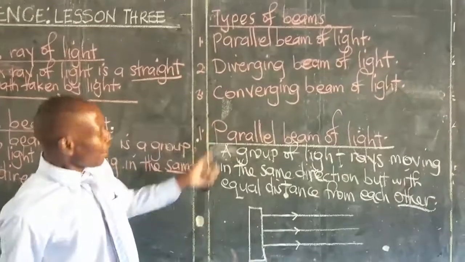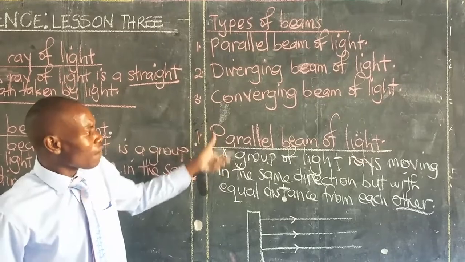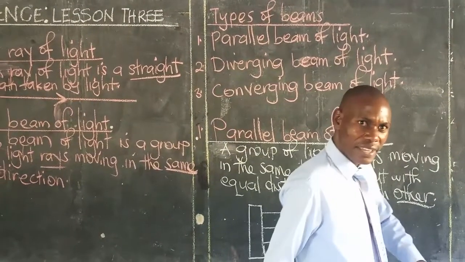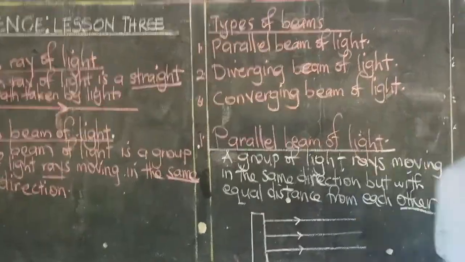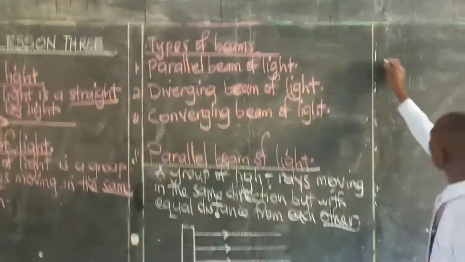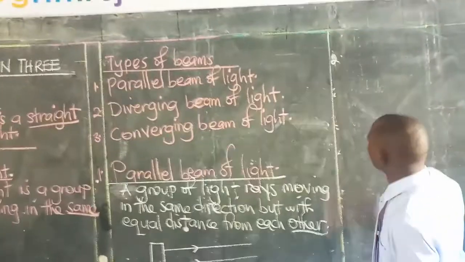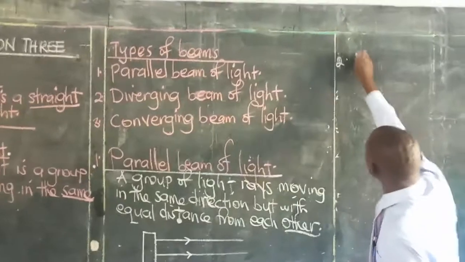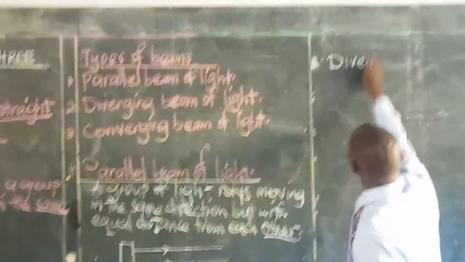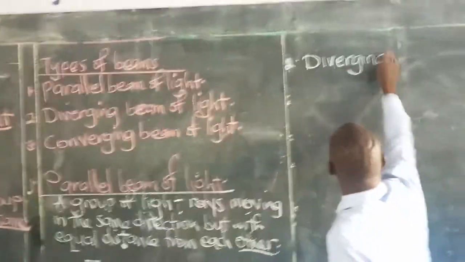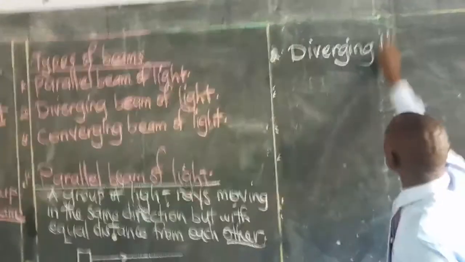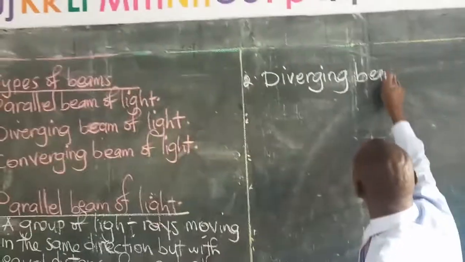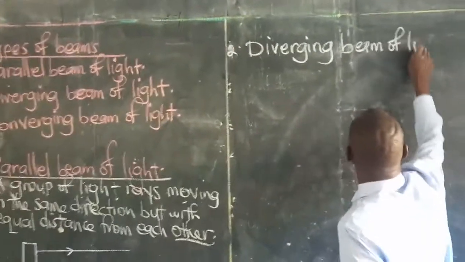Now, after looking at the parallel beam of light, let us go ahead and learn about another beam of light. And that beam of light is the diverging beam of light.